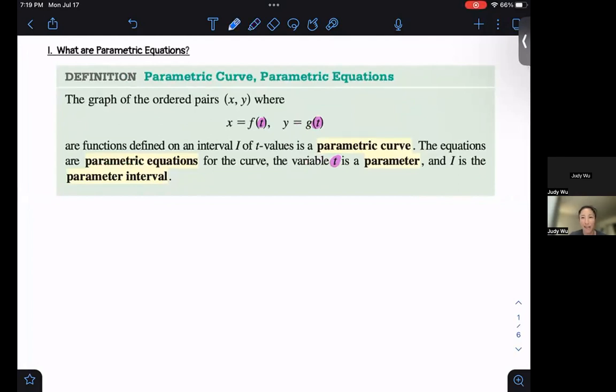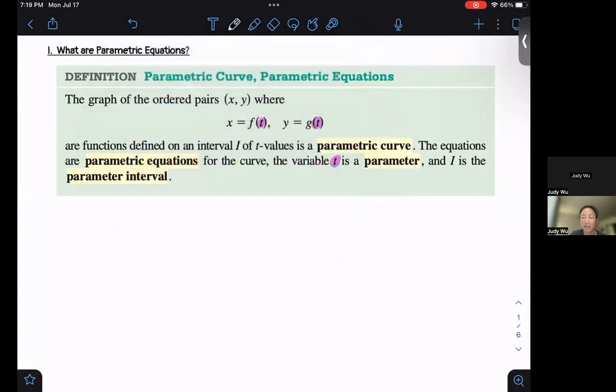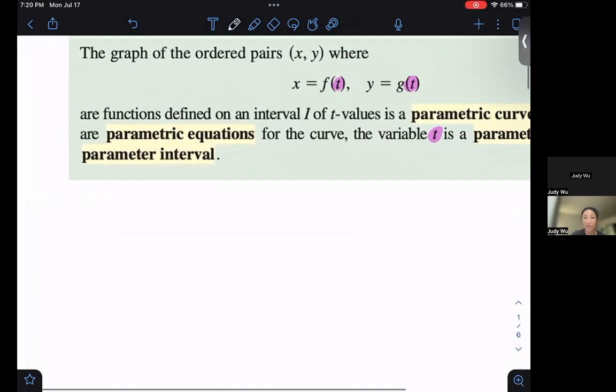Now, you might be sitting there asking yourself, why are we learning about something that seems to be making things more complicated? I'm going to talk a little bit about one of the primary uses of parametric equations. Let's say that we have an object that is moving through space.